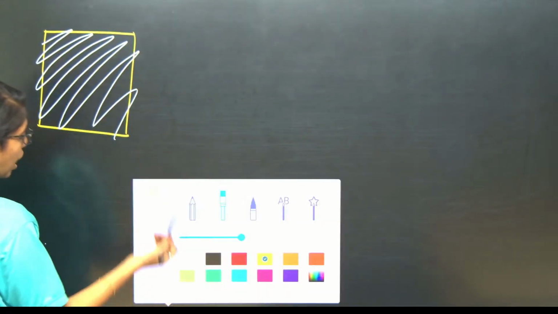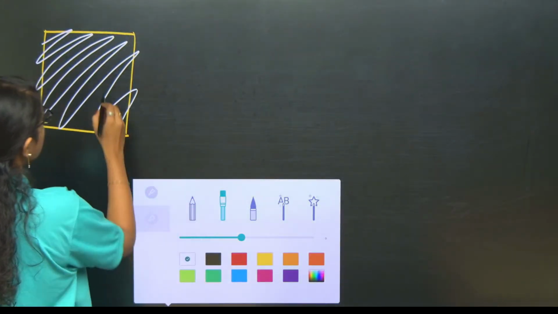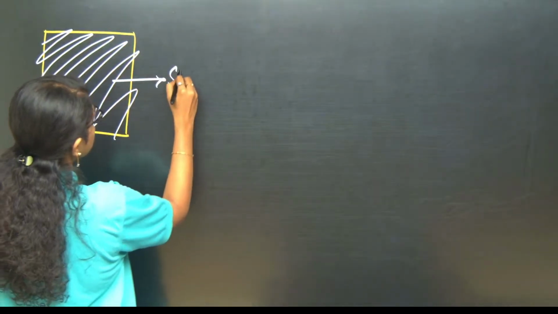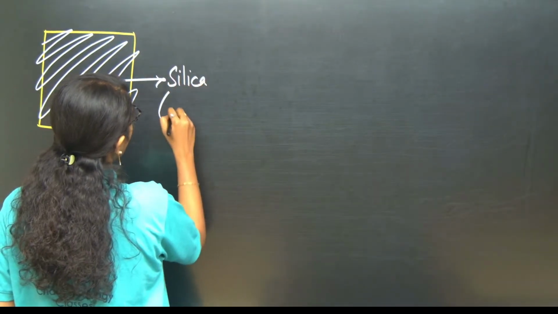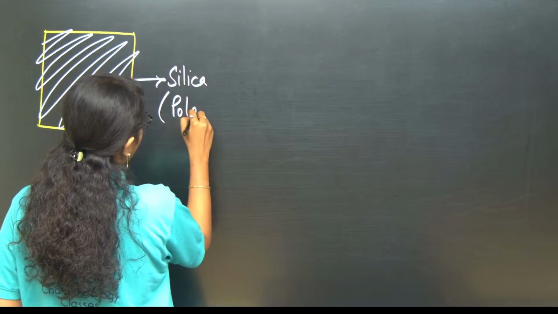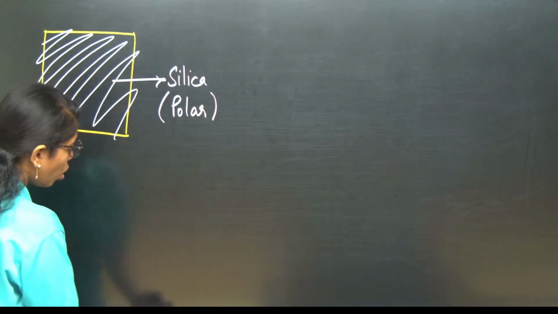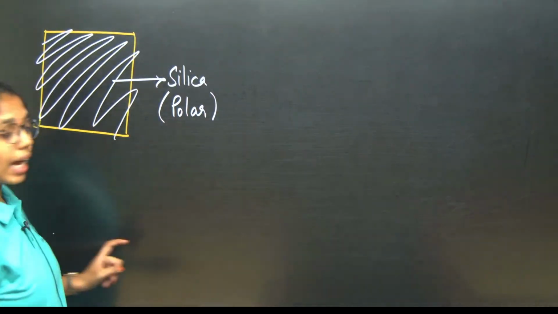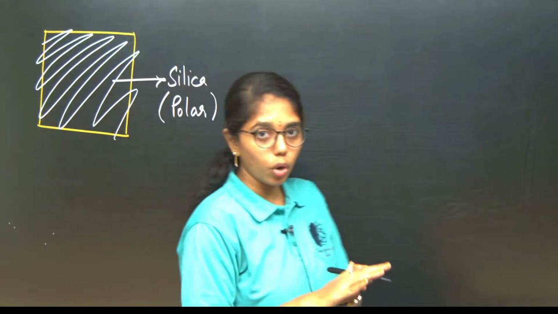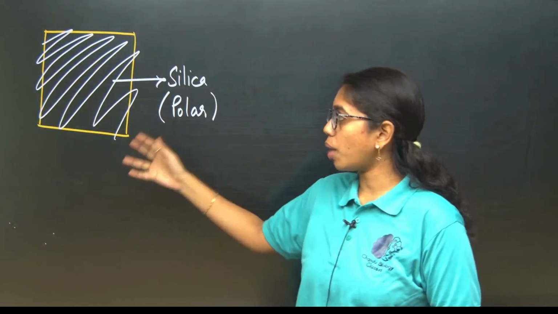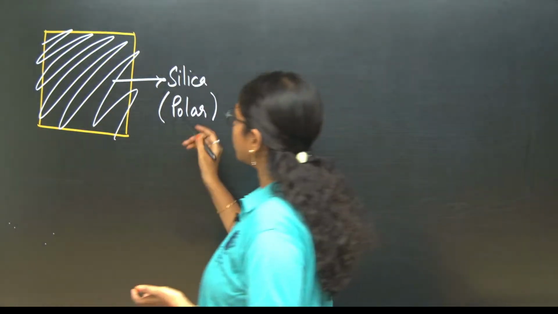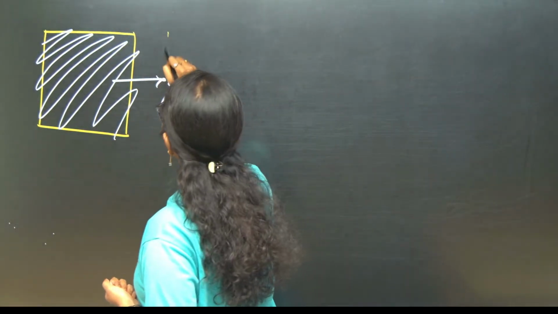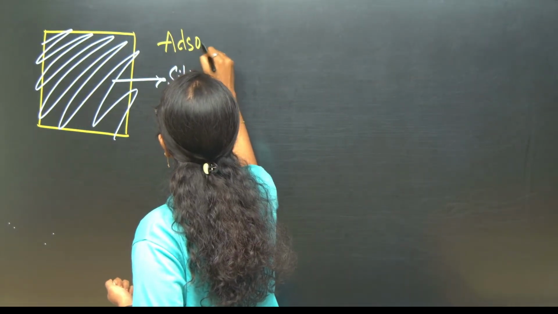This silica or cellulose is polar in nature. So over this plate, when silica is poured, this is kept in an oven so that the adsorbent gets dried. This silica is polar, this is the adsorbent.